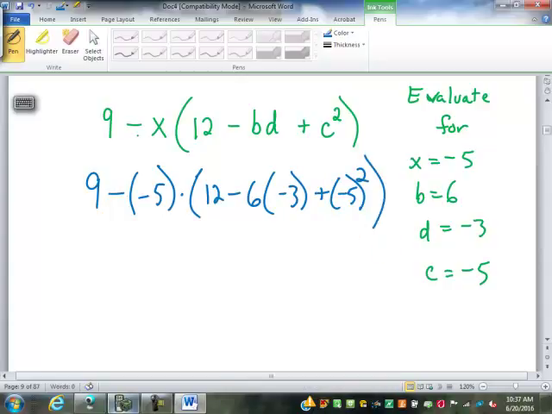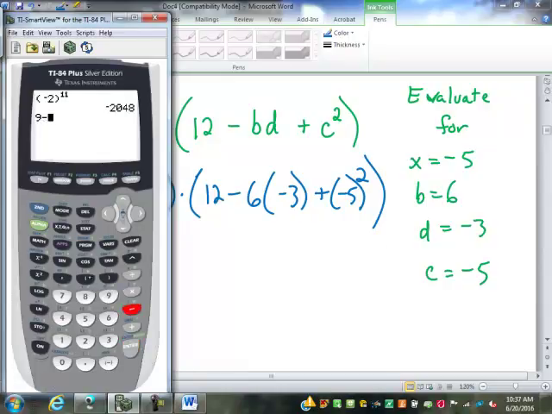So if I were to enter this in the calculator, 9 minus, parentheses, negative 5, close, times, open, 12 minus 6 times, parentheses, negative 3, close, plus, parentheses, negative 5, close, x squared, close. Oh, I screwed something up again. Oh, wrong symbol for the negative 5.